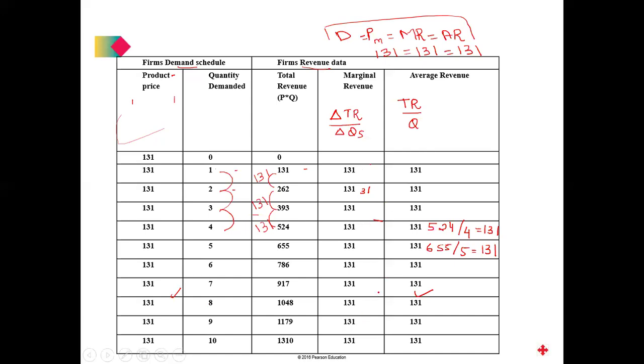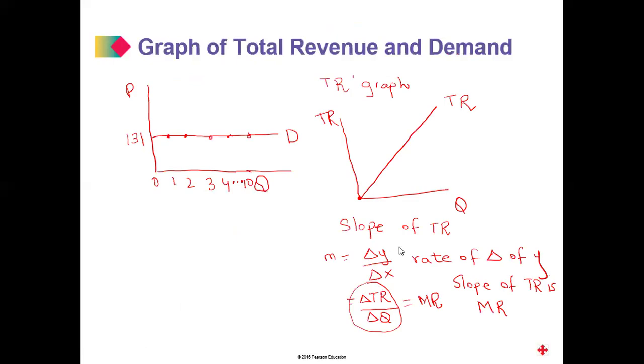So if the marginal revenue is the same throughout, it means that the slope of total revenue is also the same, and that is why we have got a straight line, because total revenue is increasing by a constant amount.